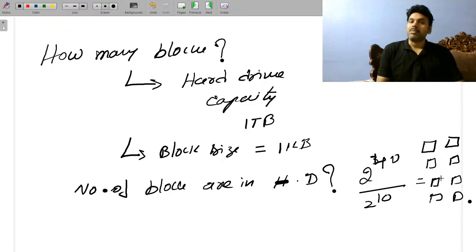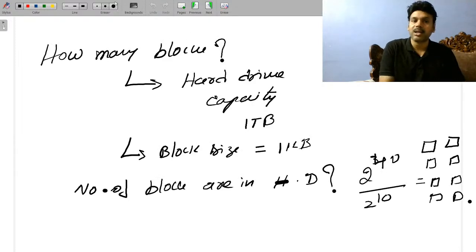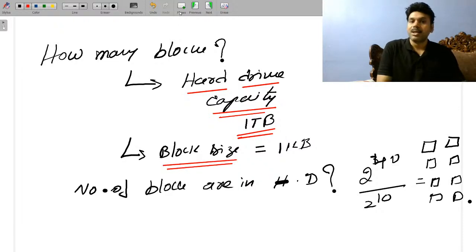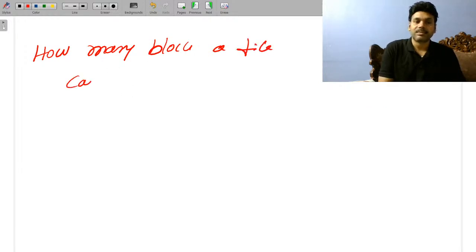Now, sometimes he may also ask how many blocks a file requires. The previous question was about how many blocks you will get in a hard drive, which depends upon your hard drive capacity and your block capacity. Now, sometimes we may also get this kind of doubt: how many blocks can a file have?